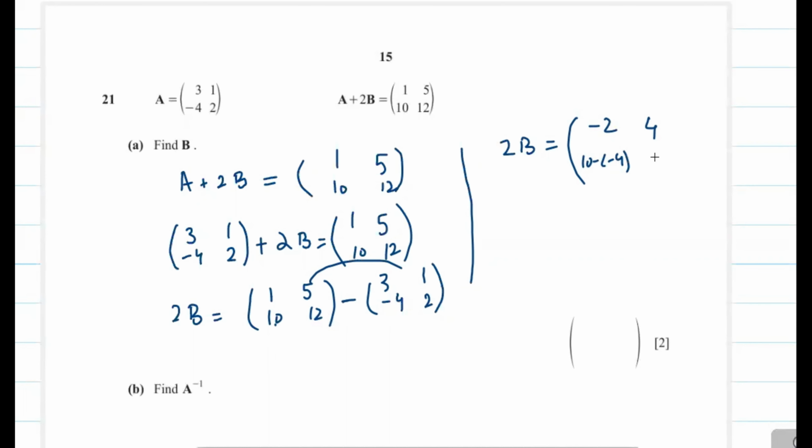And next is 12 minus 2. 12 minus 2 is 10. And 10 minus 4 is equal to 14. We write it in 14.